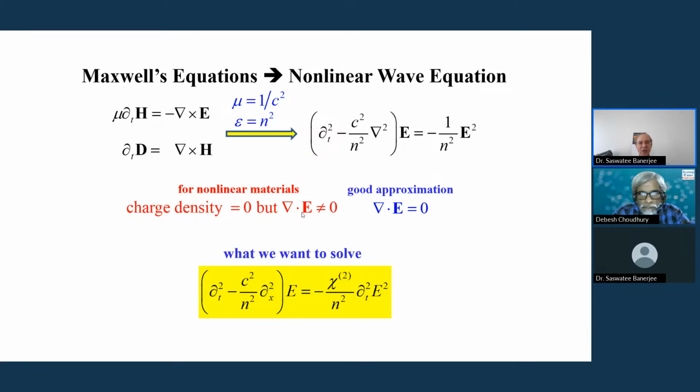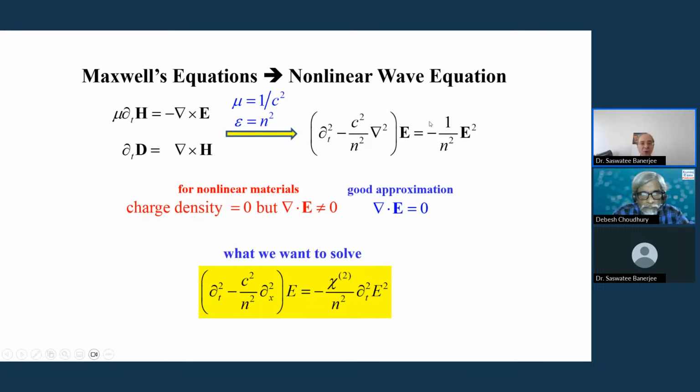In a linear material with no free charge, the divergence of E is equal to 0. In the case of nonlinearity, it's not necessarily. But if the nonlinearity is small, it's a pretty good approximation, so we can assume that this is true, even though strictly speaking it is not quite true.